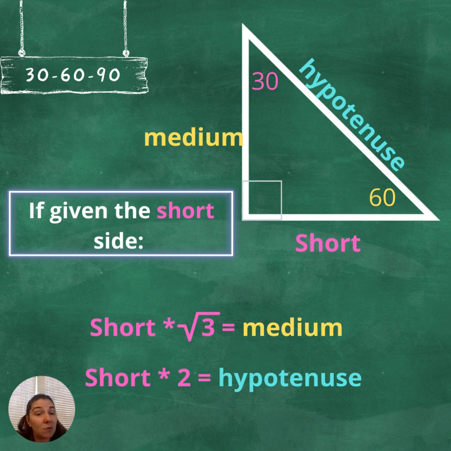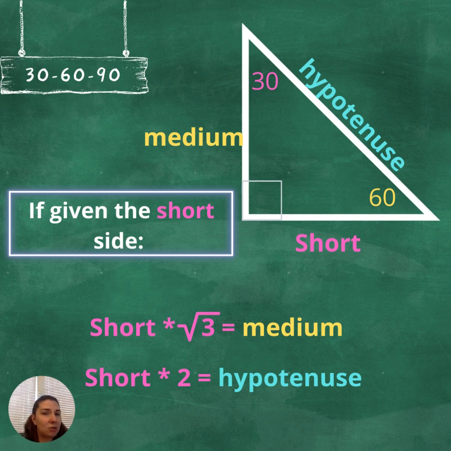If your short side was another radical, say radical 5, you can actually combine the two values because both numbers are in a square root. So radical 5 times radical 3 would be radical 15, and that would be the medium side.